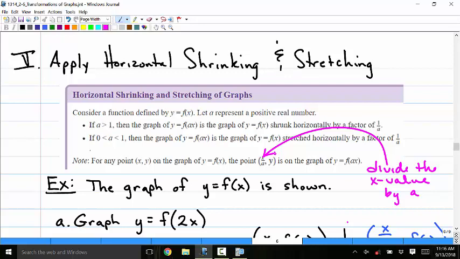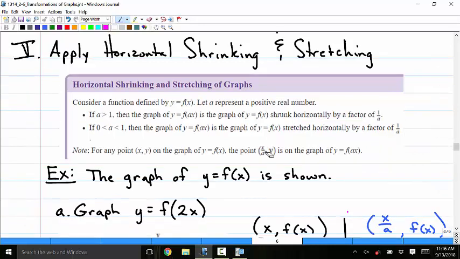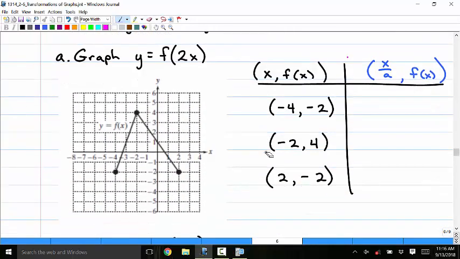Okay, if I give you the graph of a parent function, f of x, I want you to go graph f of 2x in this example. Can you go graph f of 2x?